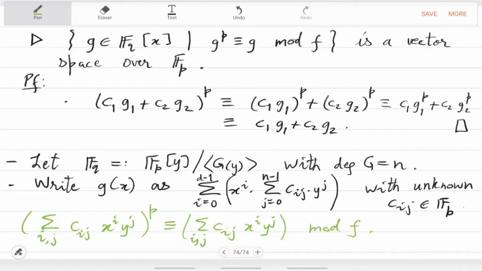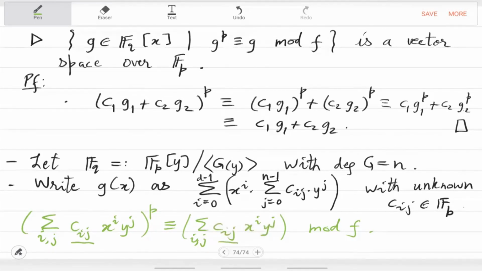Now, in terms of the unknown Cij, is this system a linear system or a non-linear system? Remember that non-linear systems are very hard to solve, if at all you can solve. Linear systems you can always solve. So is this linear or non-linear in terms of the unknowns, which are Cijs? These are the things you want to find.